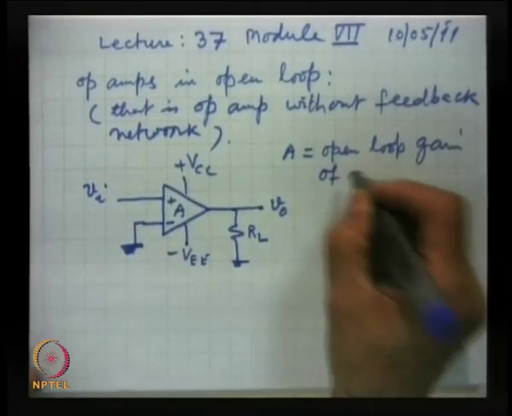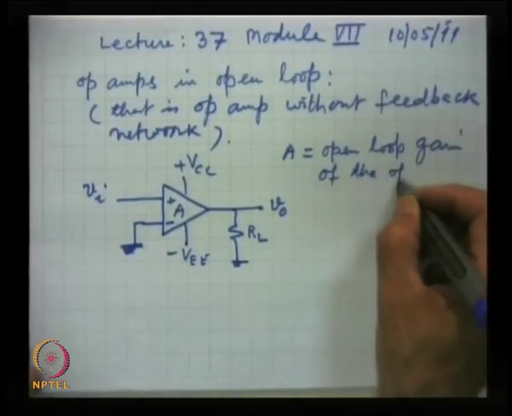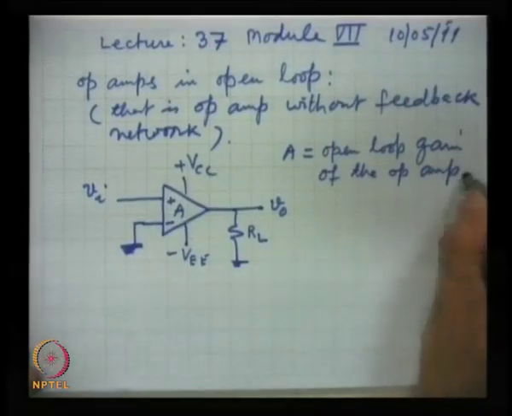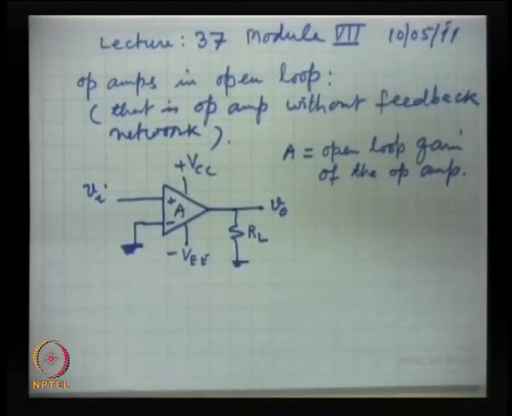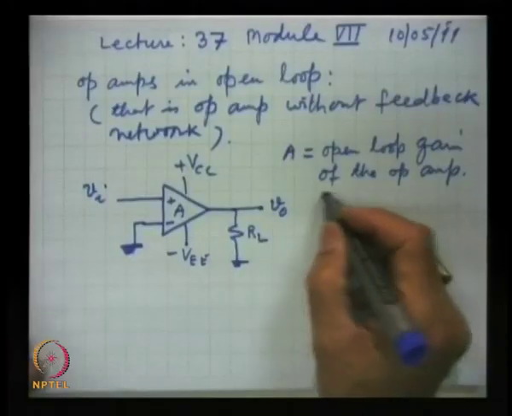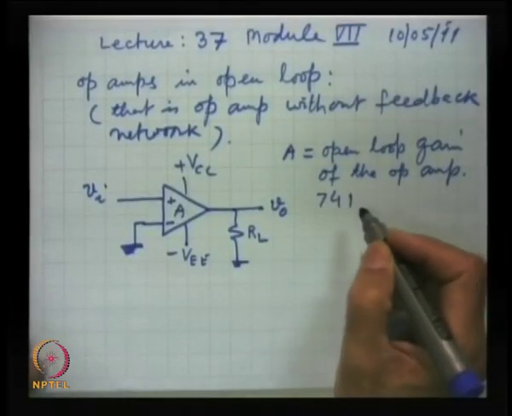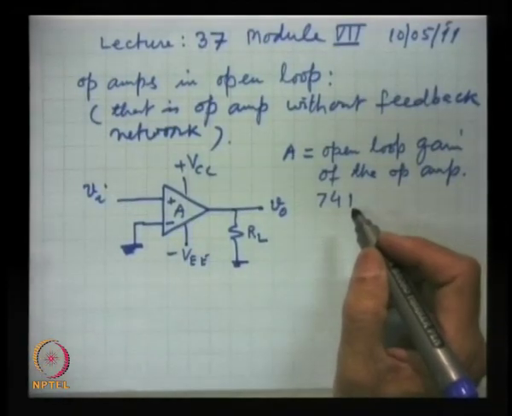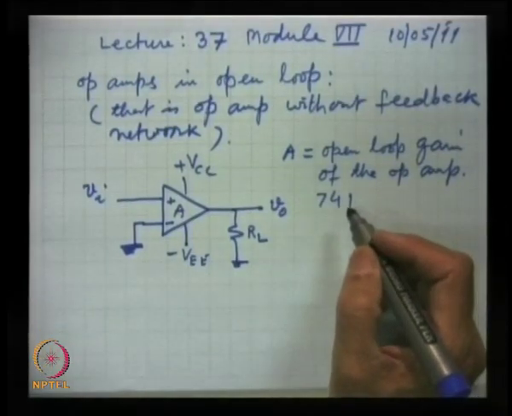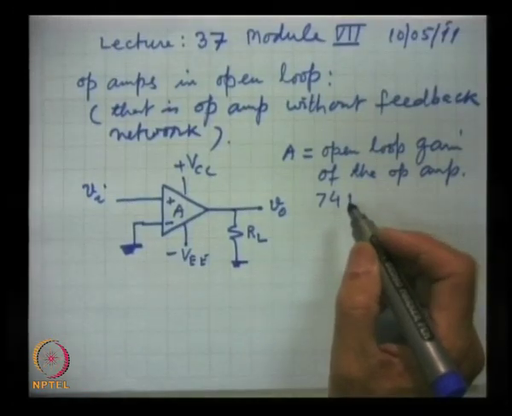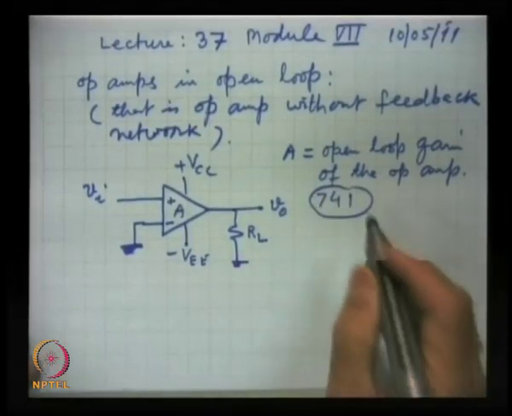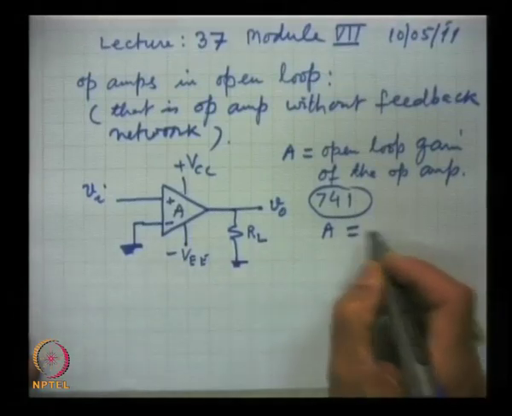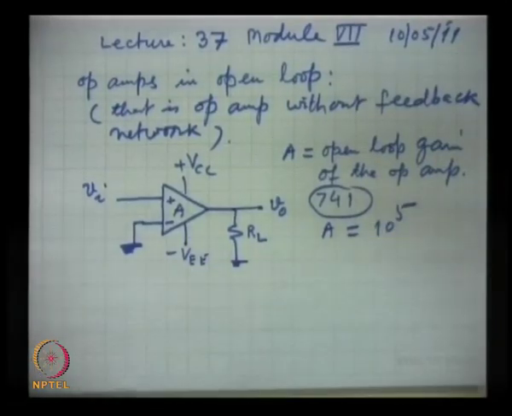Gain of the op-amp, and the 741 op-amp, 741 which is a general purpose op-amp and that we are taking as the model, just sample to be used. So, this 741 has A around 10 to the power 5, 100,000 is the voltage gain.